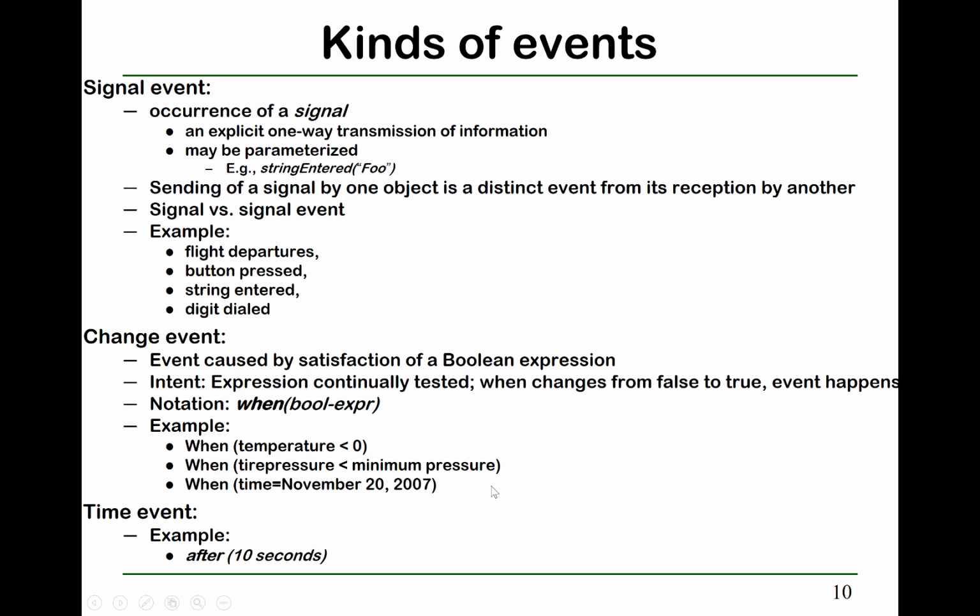So basically, you can assume that this expression is continuously tested, and when it changes from false to true, then this event happens. The third type of event is called the time event. It means that after a certain amount of time, this event happens.